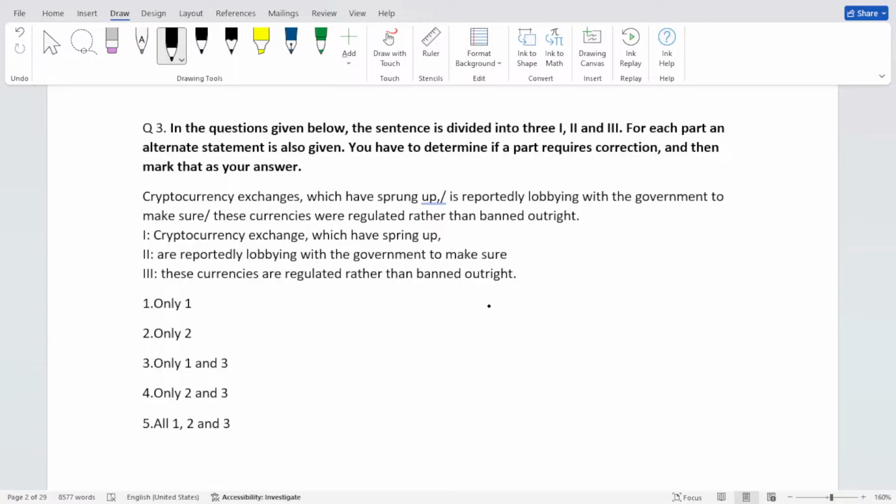So when it comes to checking the sentences, we are supposed to consider subject-verb agreement. Cryptocurrency here is in the singular state. Accordingly, currency is supposed to be taken.